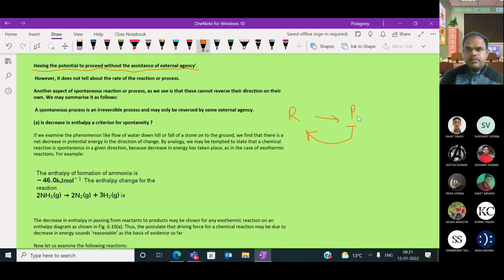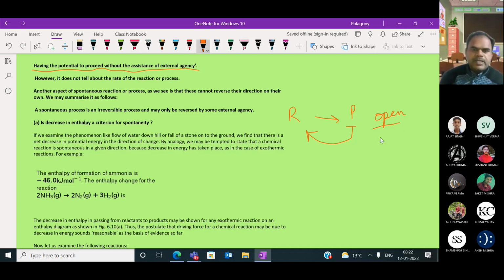The formation of the product is spontaneous, which cannot be reversed back. And this kind of permanent change is an irreversible process which takes place in the open system, right?